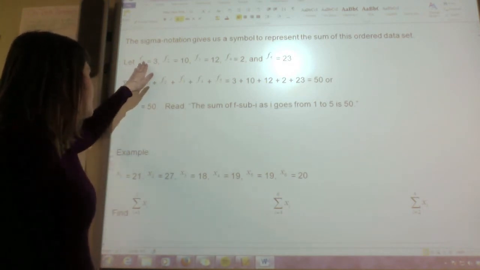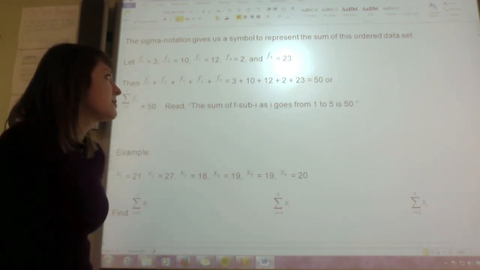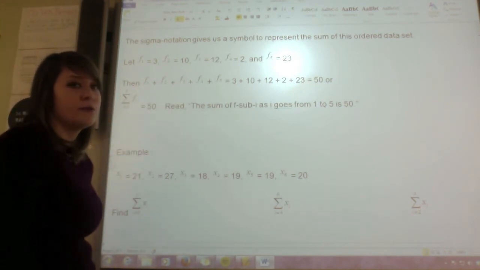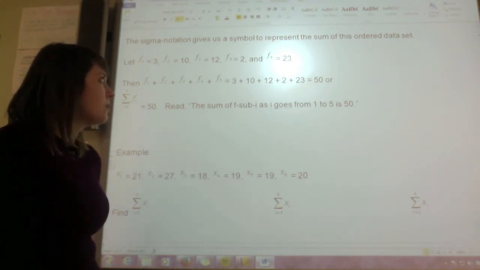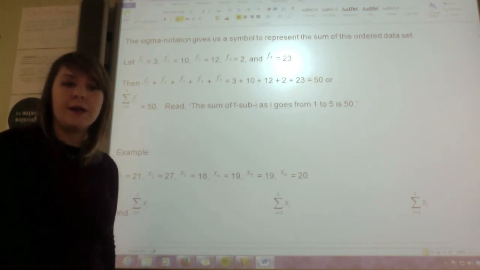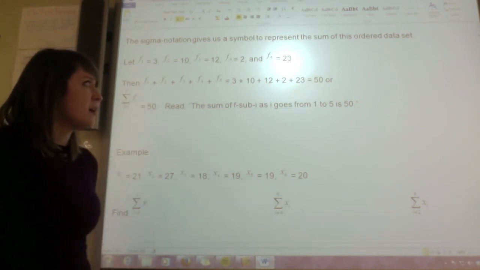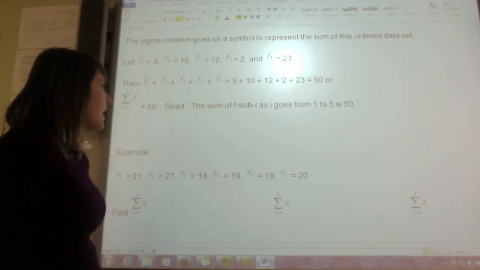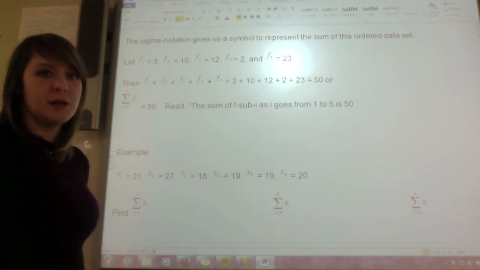So if I say that f sub 1 is 3, f sub 2 is 10, f sub 3 is 12, f sub 4 is 2, and f sub 5 is 23, essentially what I have here is a set of numbers 3, 10, 12, 2, 23, in that order. So what I can do is add all of those up, and when I do that, I get 50. Another way to write that would be in summation notation.